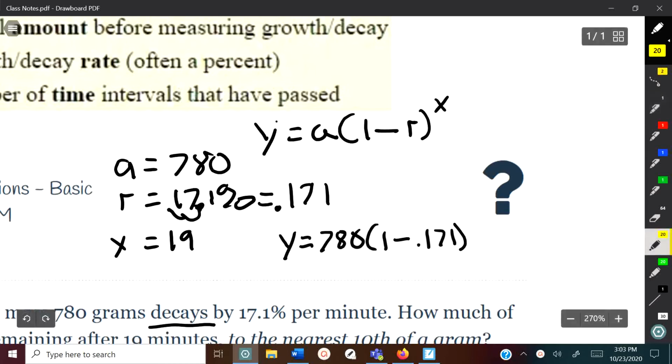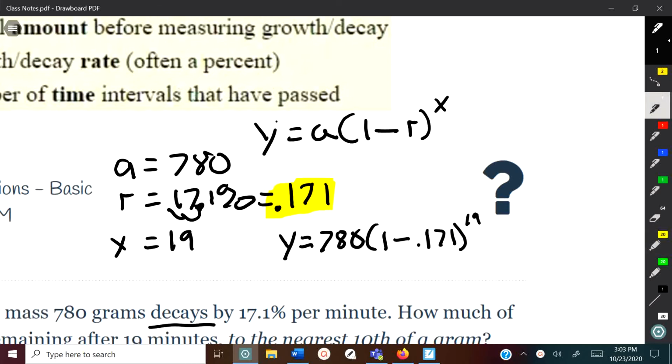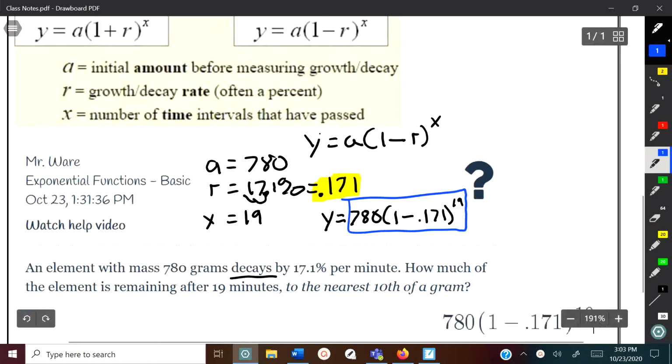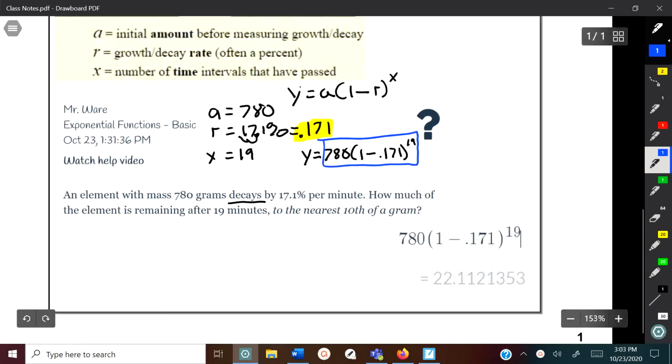You want to make sure you use the decimal after you change it over, and then raise it to the 19. And then all you got to do next is type this part into the calculator. And when you type it into the calculator, it looks like this.